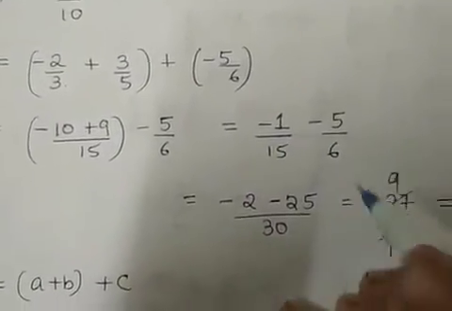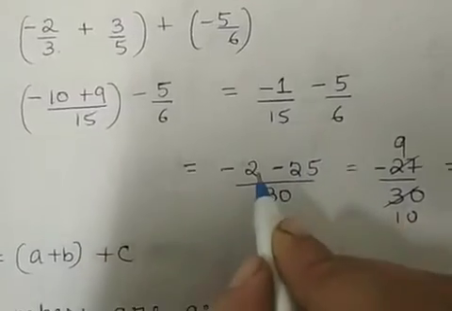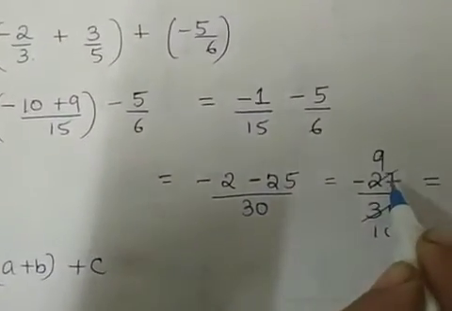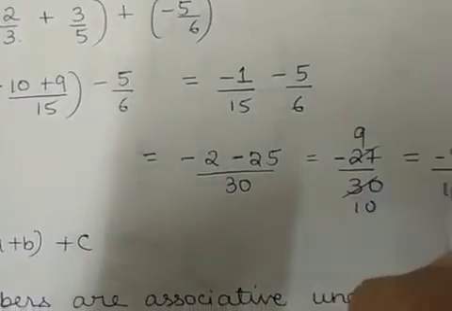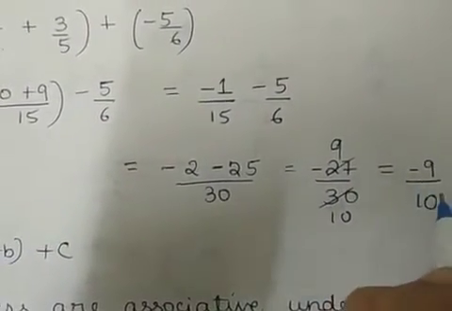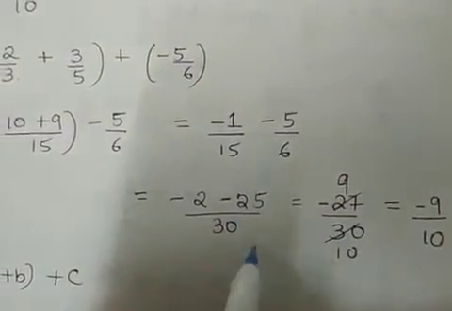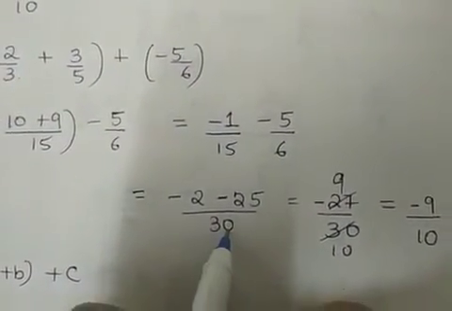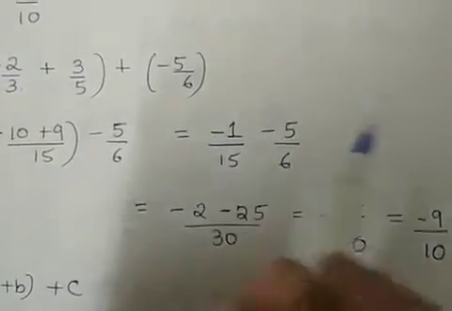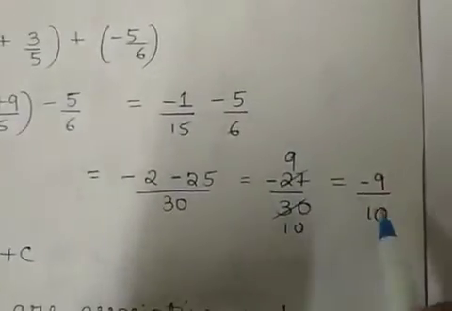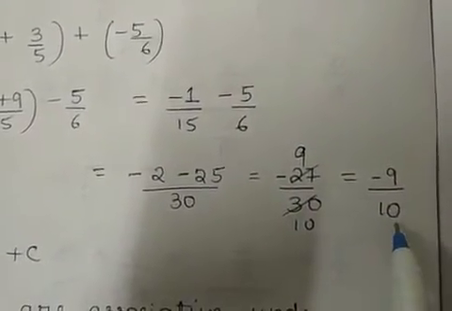The LCM here is 30, so I get minus 2 minus 25 upon 30, which is minus 27 upon 30, and this is equal to minus 9 upon 10. You can do the calculations later and see how you have got this. You already know how to find the LCM for a given number. So here also you get minus 9 upon 10.